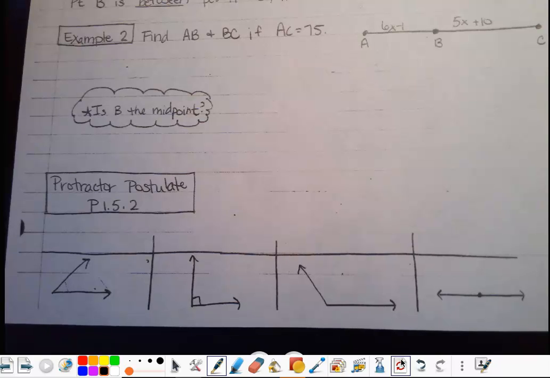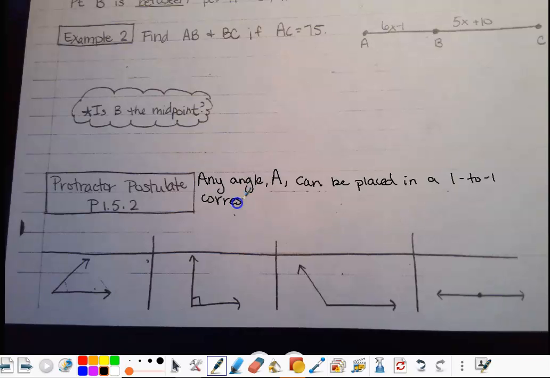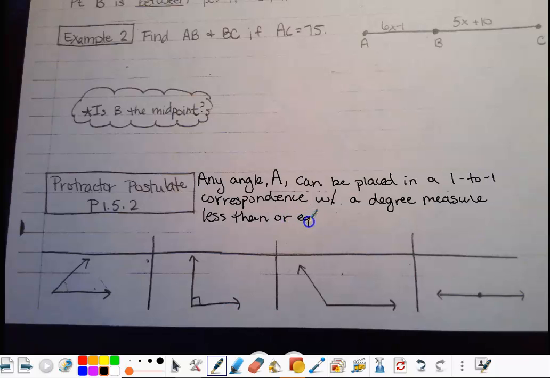All right, so the protractor postulate says any angle A can be placed in a 1-to-1 correspondence with a degree measure less than or equal to 180 degrees.